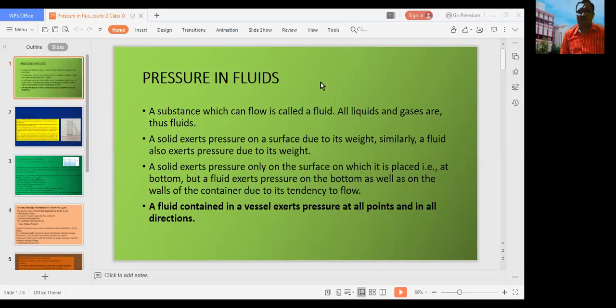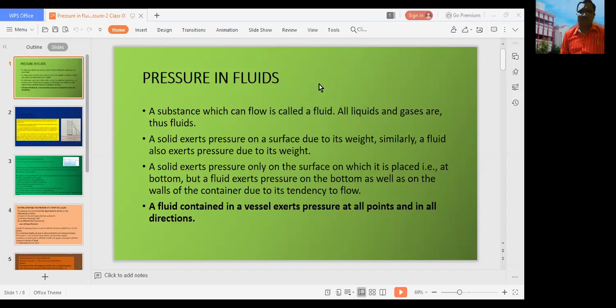Before learning what is meant by fluids, first you should know where the pressure acts in solids. In solids, pressure acts at the base because the entire weight acts at one point. So in solids, pressure is present only in one direction.